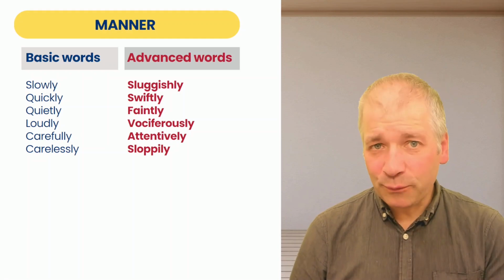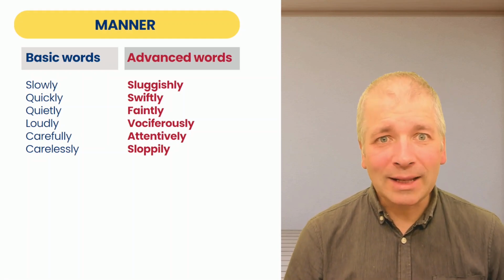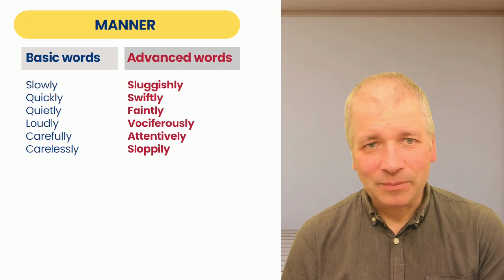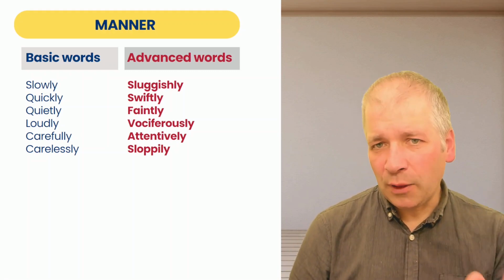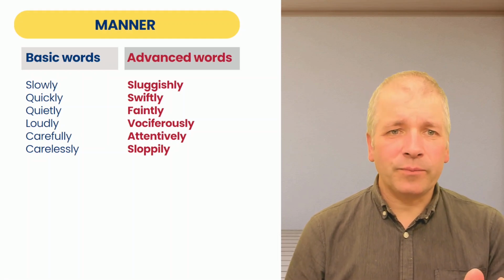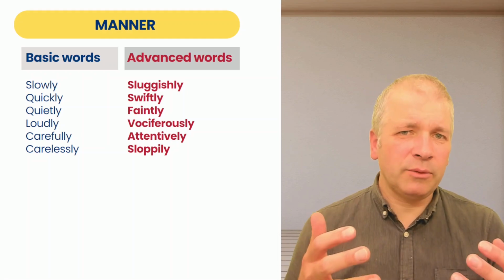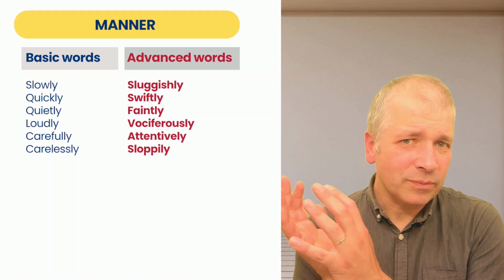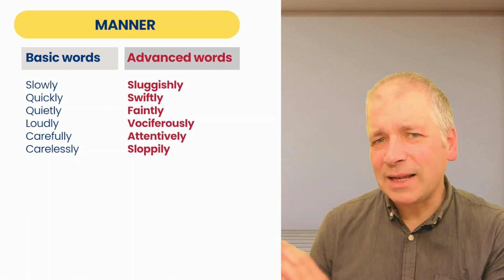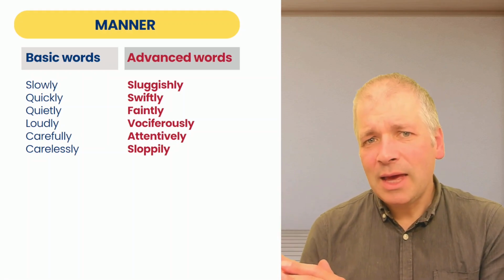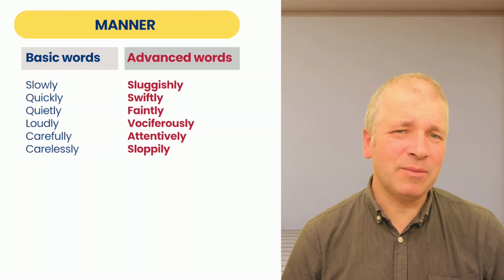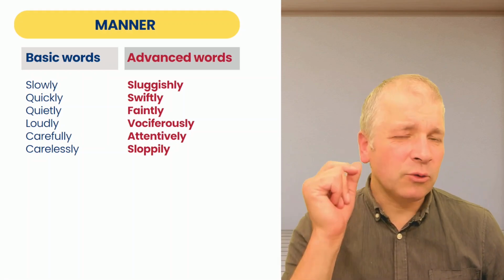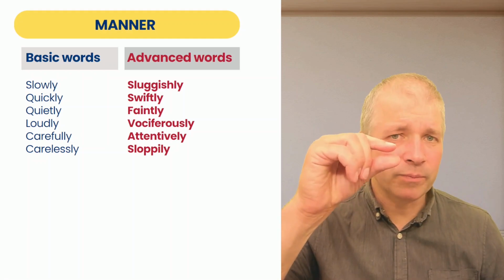Quickly, swiftly. Quietly, faintly. This works for some meanings, not others. They heard a sound quietly. They heard a sound faintly. Well, here the meanings could overlap because they refer to a sound which is not of very high volume.